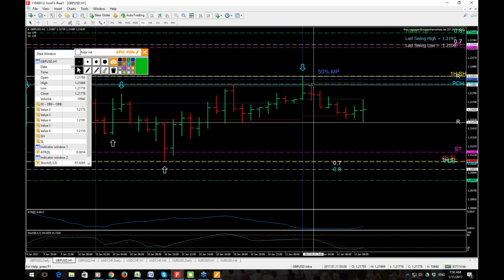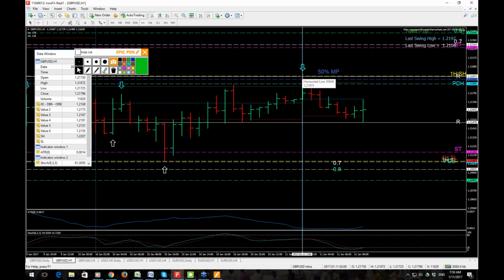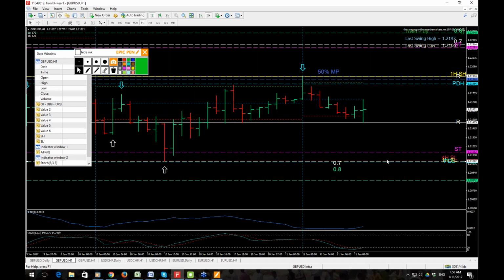Now we do that for the opposite side as well. From the highest point, then we project down 84 pips again. 84 pips, 12113, which is my 0.7 level. Right.